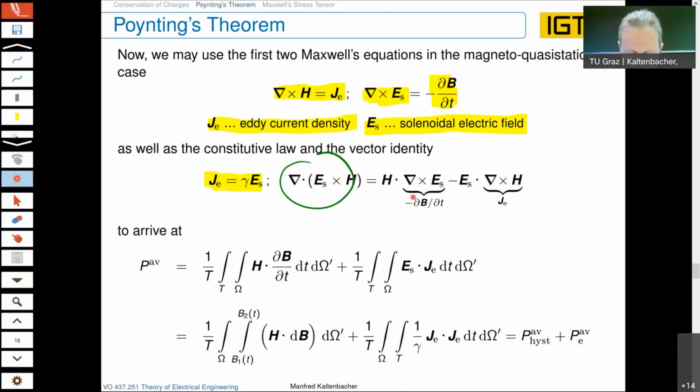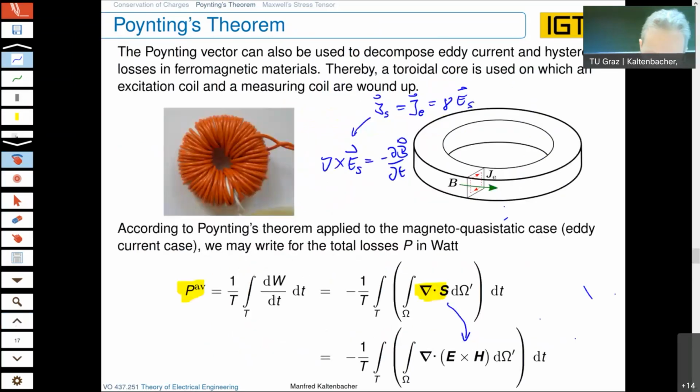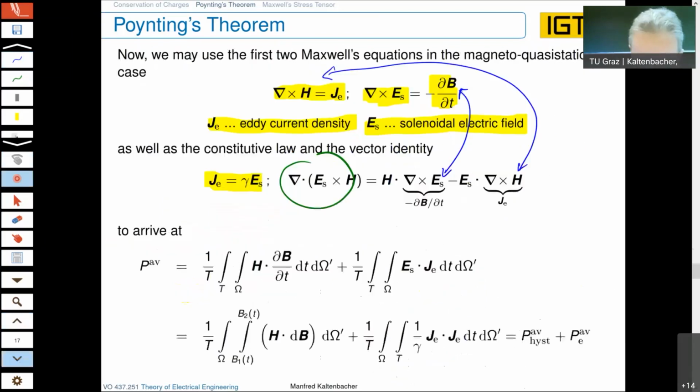And the curl of this solenoidal electric field becomes, according to this relation, substituted by the time derivative of the magnetic field, and the curl of H can be substituted by these induced eddy currents, which are flowing here in this direction in closed lines.